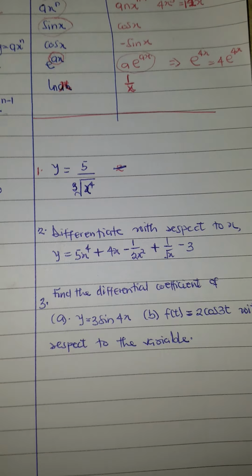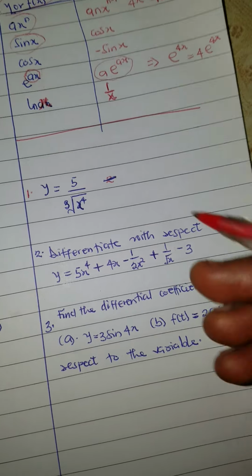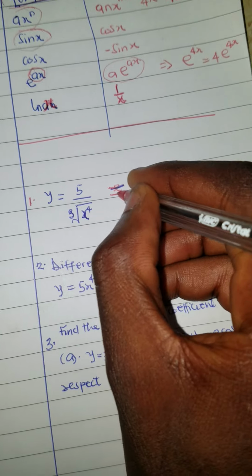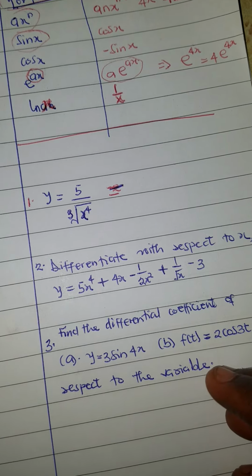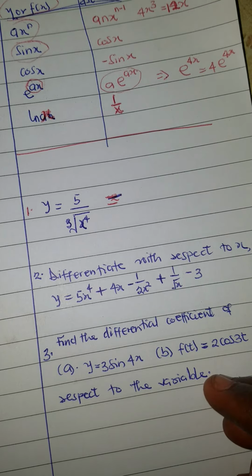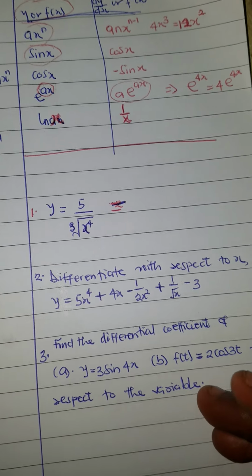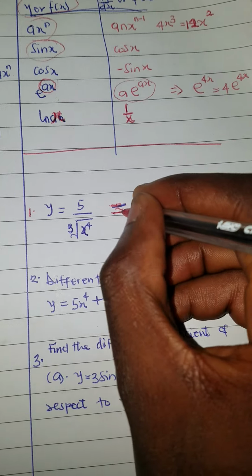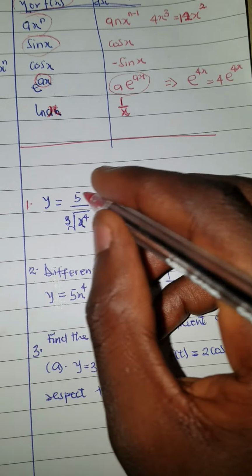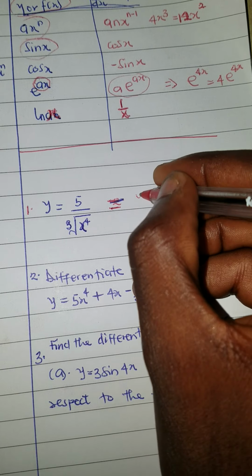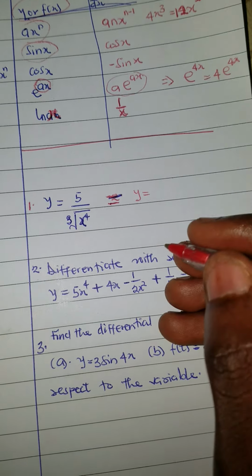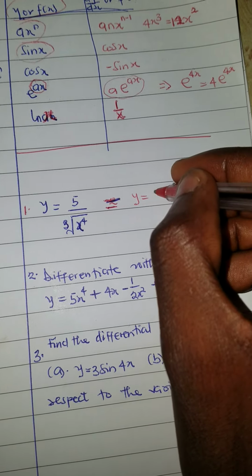So we want to solve the examples here. For example, the first one, we have y equals 5 over the cube root of x raised to the power 4. How do you solve this? To solve this, we need to change it to a form where we can use the general rule.